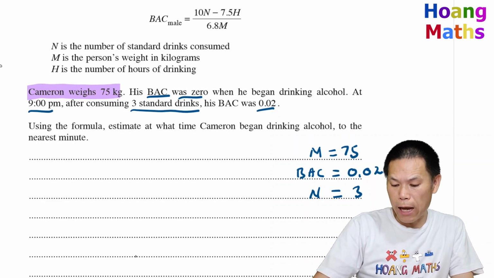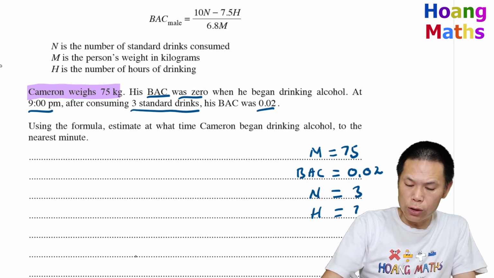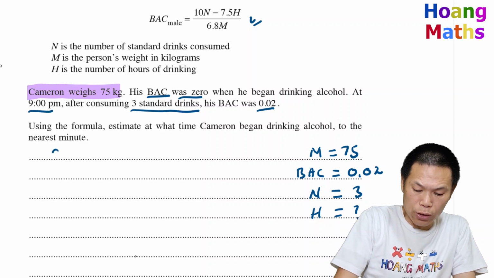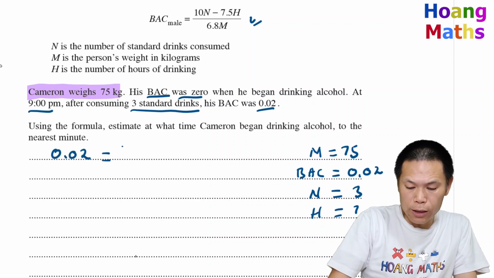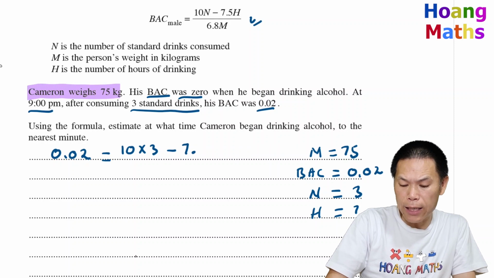Now we need to work out the H, the hours. Okay, so keep that in mind. So to work this out, I just use this formula here. So BAC is 0.02 and the number of drinks is 3. This means that 10 times 3, we minus 0.75 times the hour.